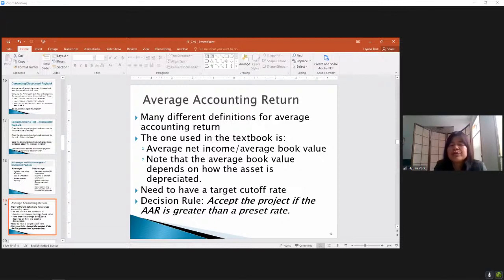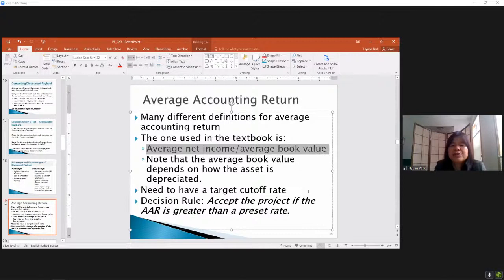The definition used in your textbook is average net income divided by average book value. That's the definition of the average accounting return. Note that we are using net income instead of cash flows. That's one thing you should note.